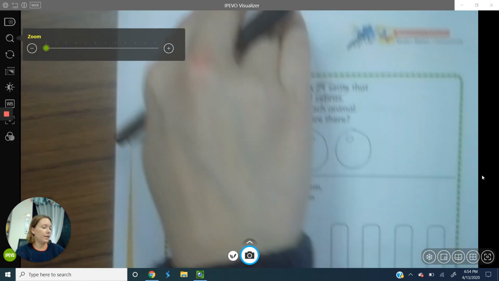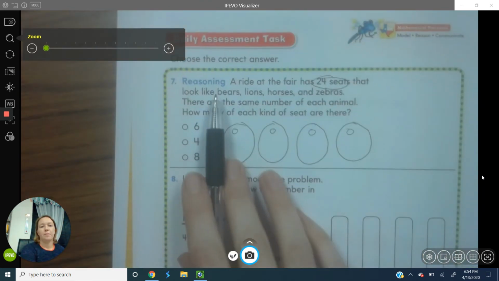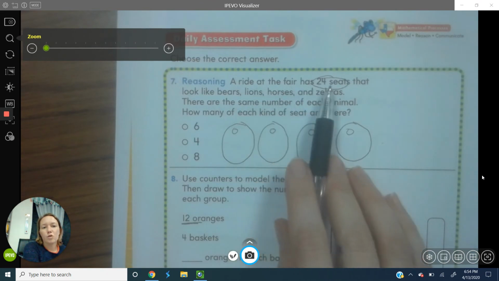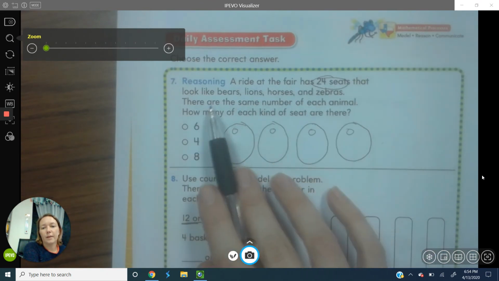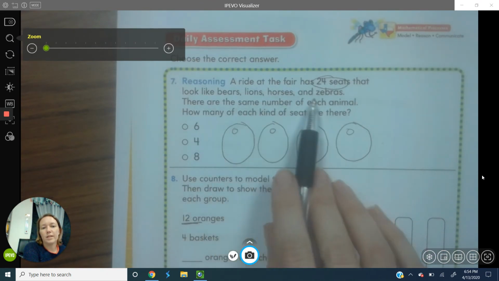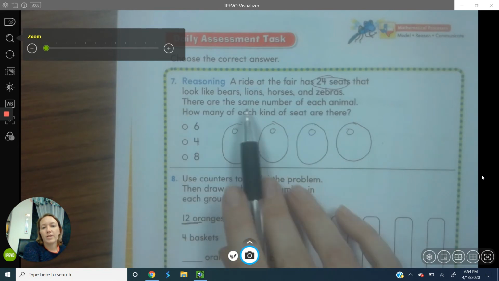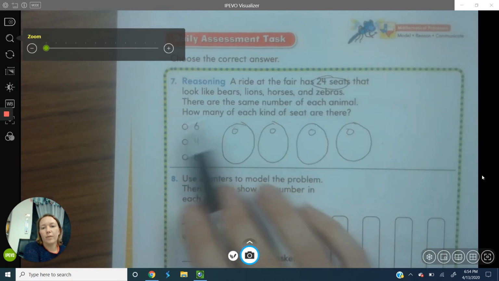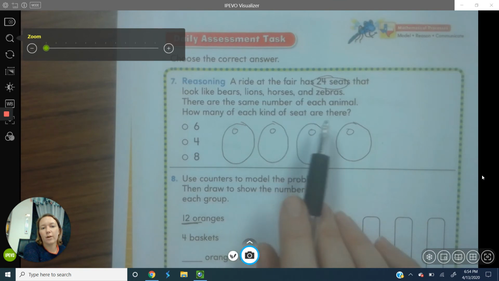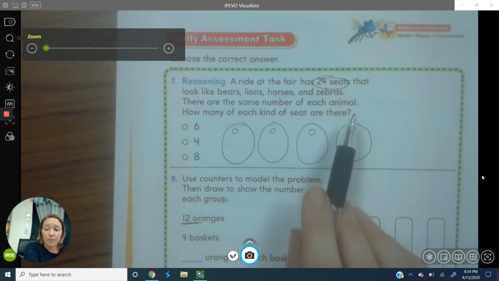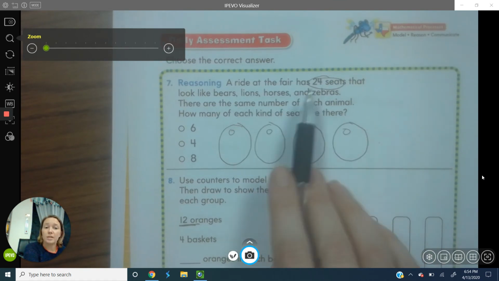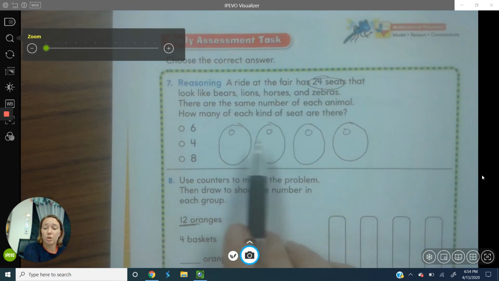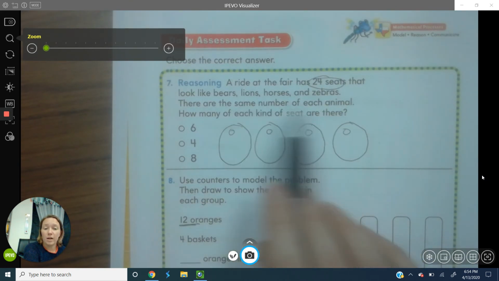Page 408, number 6. A ride at the fair has 24 seats that look like bears, lions, horses, and zebras. There are the same number of each animal. If it's the same number, then that means they're equal. So this 24 should divide between the animals equally.